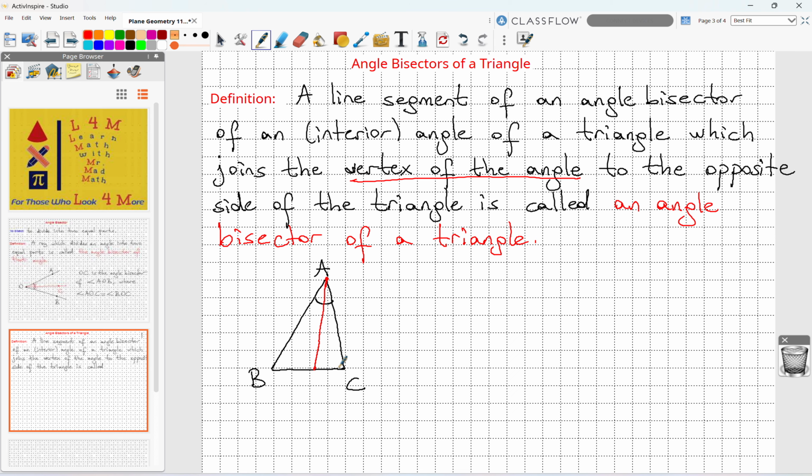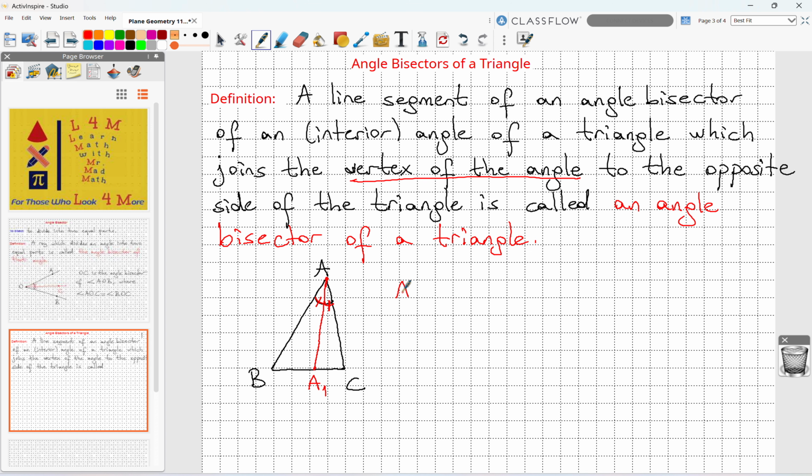That opposite side is BC. Let's say A1, where A1 is on the angle bisector. So AA1 is the angle bisector of the angle A of our triangle ABC.